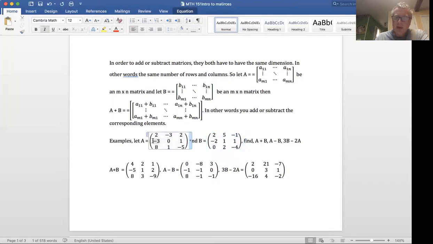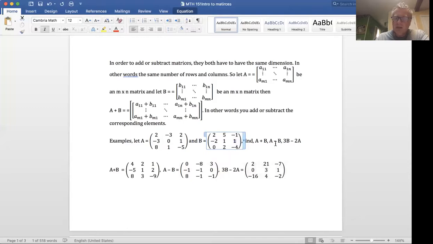I go down to the second row. I'd add the first item in the second row with the first item in the second row. -3 and -2 give me -5. I go 0, 1, that gives me 1. 1 plus 1 gives me 2, and so on.